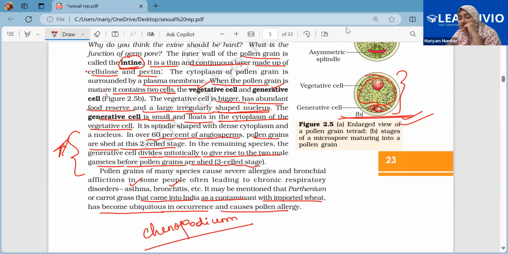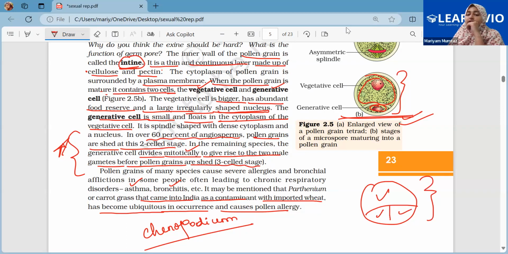Now, in the remaining species, meaning the rest of the 40%, this generative cell further divides by mitosis, not meiosis, by mitosis, and it gives rise to two male gametes. So now, if this was the cell, now this becomes like this. There are 1, 2, and 3 cells. So in 40% of the angiosperms, the pollen grains are shed at the 3 cell stage, but in 60% they are shed at the 2 cell stage. Clear?